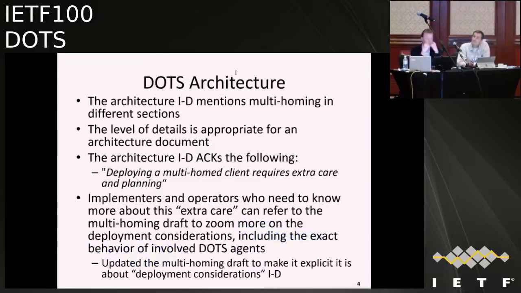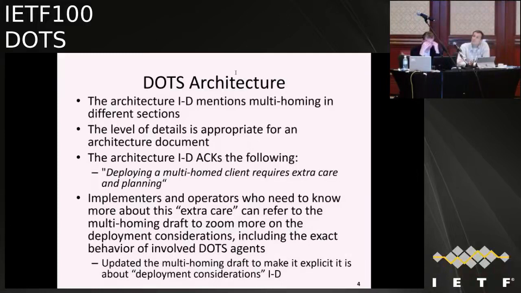The next document is the DOTS architecture. For this one, yes, there is some discussion about the multi-homing, but the discussion is really at a high level, which I see as a good point. Even the document mentions that there is some extra care and planning to be done by the DOTS clients in a multi-homing situation.